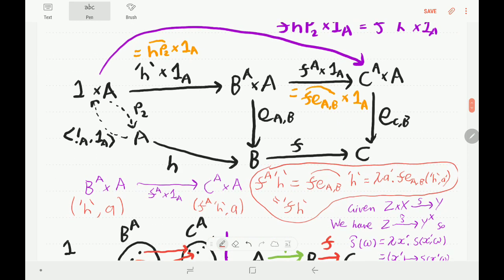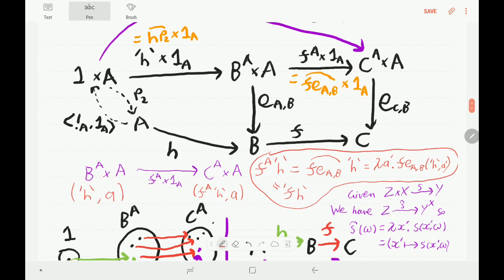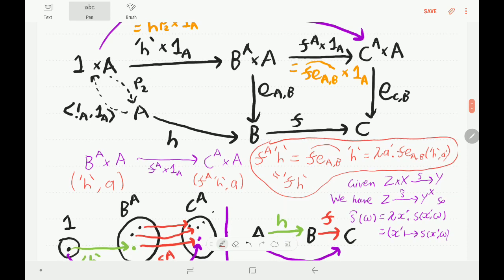But I want to go through some intuition behind this. So let's think firstly about how transpose works in general. Suppose we have an arrow S from Z times X to Y. Well, the transpose is going to go from Z to Y to the power of X. And how can we think about how this transpose works on some member of Z in Set?